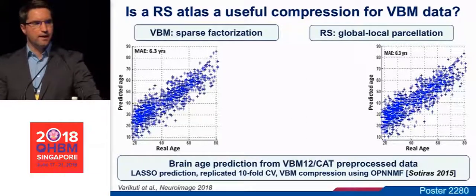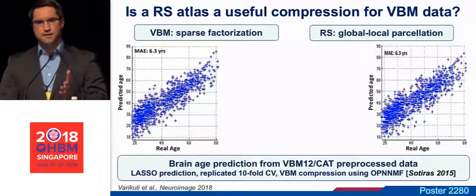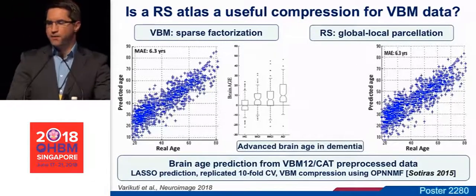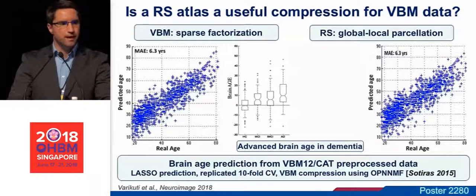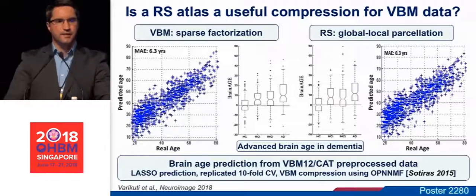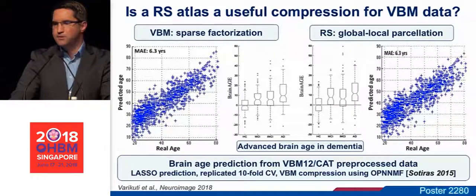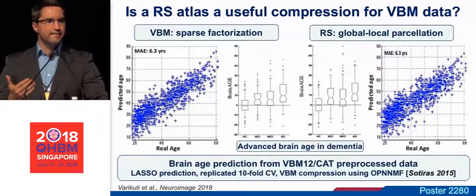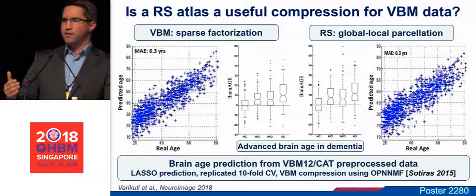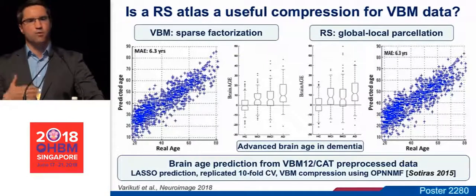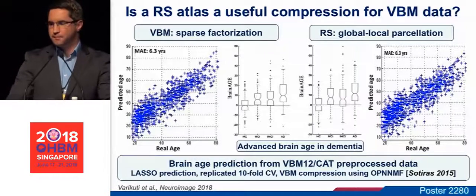Similarly, when we look at data from the ADNI sample, normal subjects, mild cognitive impairment, and Alzheimer's, we see an advanced brain age in dementia when we use the VBM compression, and we see basically the identical advanced aging in Alzheimer's and MCI when we use the resting state data. So this seems to indicate that indeed there is enough transfer of a parcellation from one modality to also look at other modalities.